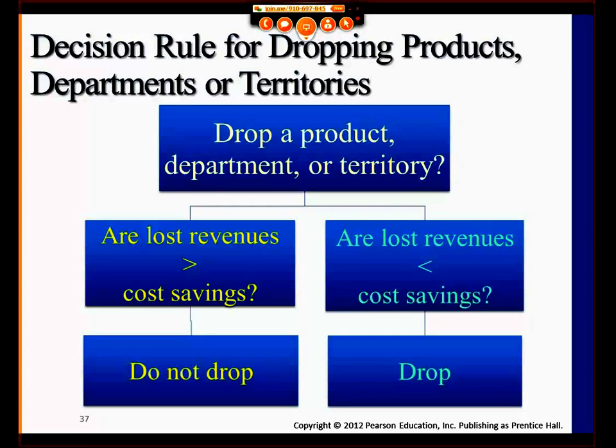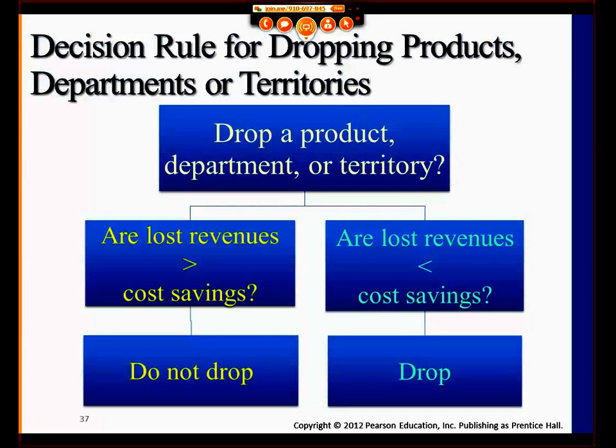If the lost revenue is less than cost savings, then we're going to drop that product. So what we need to do is compare the lost revenues against the cost that can be saved, right? And we're going to do that considering what we need to do with the freed capacity. All right.